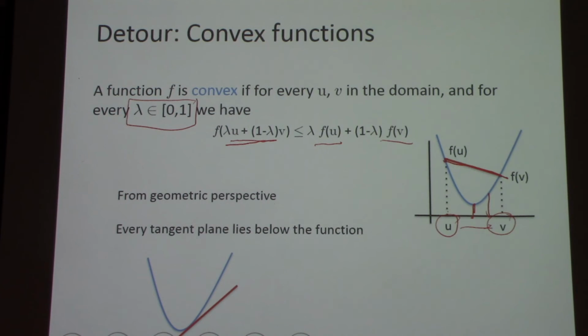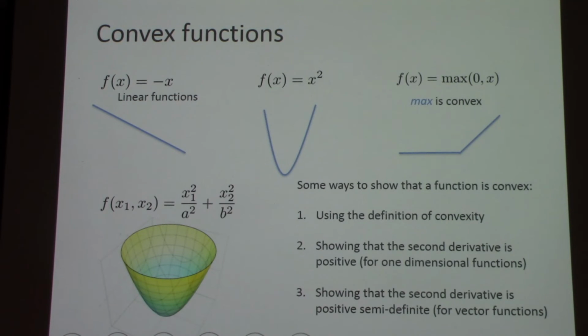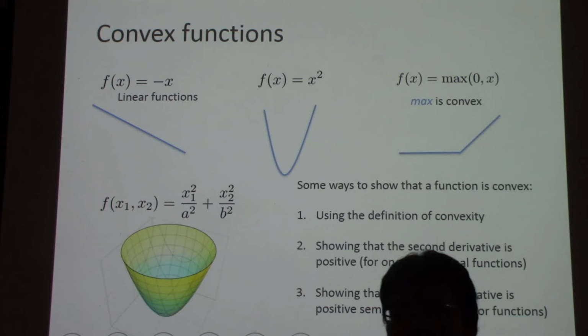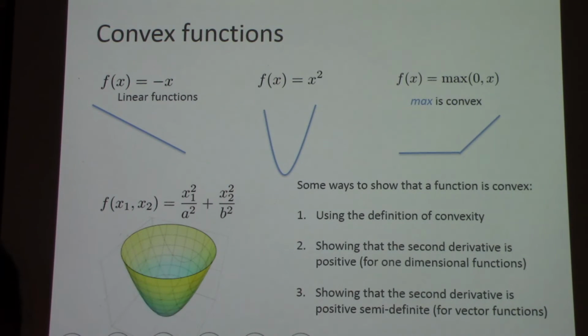Many functions that you've seen are convex. The linear function f of x, say, x or minus x, ax plus b, is convex. Squares or quadratic functions are convex, but not f of x is minus x squared, because that looks like an upside down cup, so it's not convex.